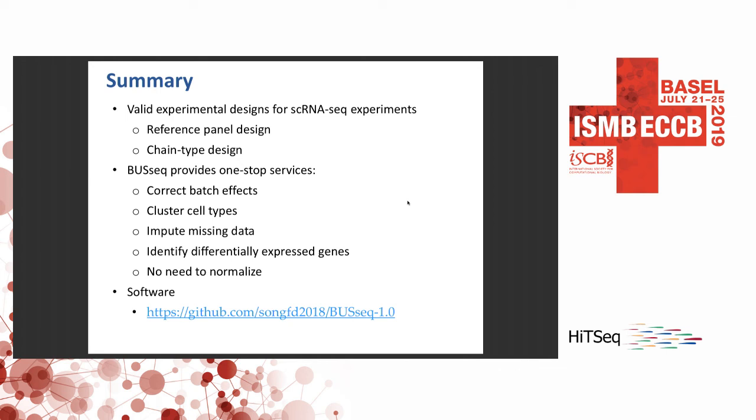Then assume your batch effects correction is fine, you do the clustering. Then assuming your clustering is correct, you do differential expression detection. However, each step can be prone to errors, right? And all the uncertainties are not accounted for. In contrast, here we propose an integrated model, so it automatically accounts for all the uncertainties together.